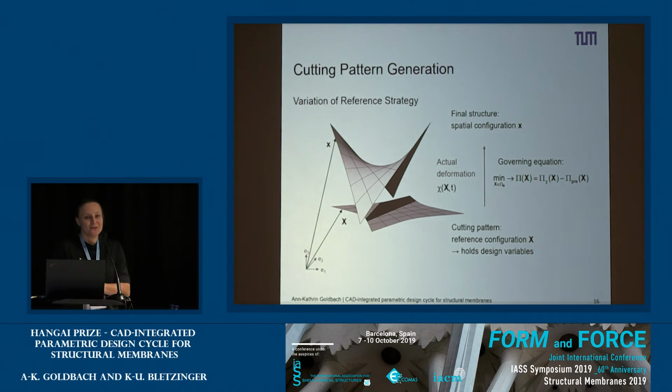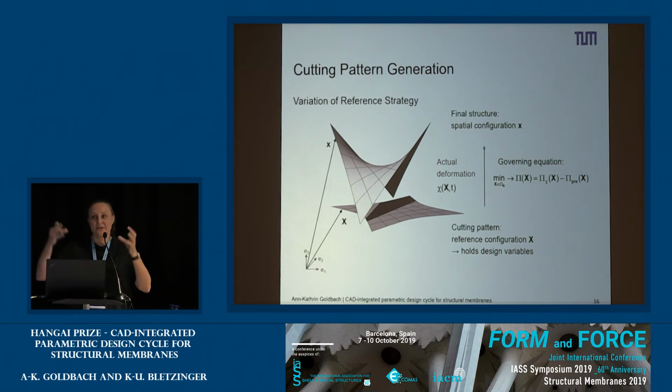From a mechanical point of view, the variation of reference strategy is applied, and I would like to focus on this a bit because it shows how challenging just the correct mechanical formulation can be for these kinds of things. In this case, it's an inverse approach. So what I mean by that is we try to use something as a reference that we don't really know.